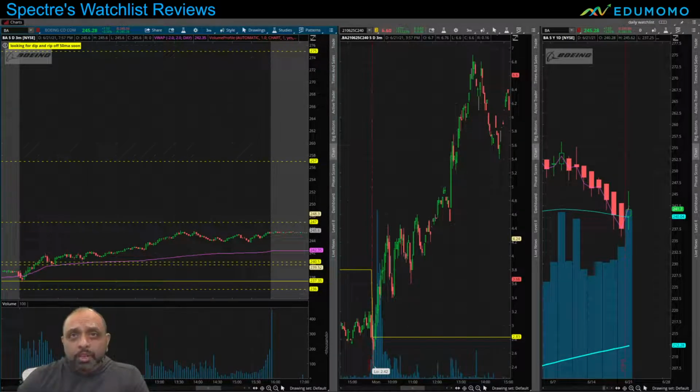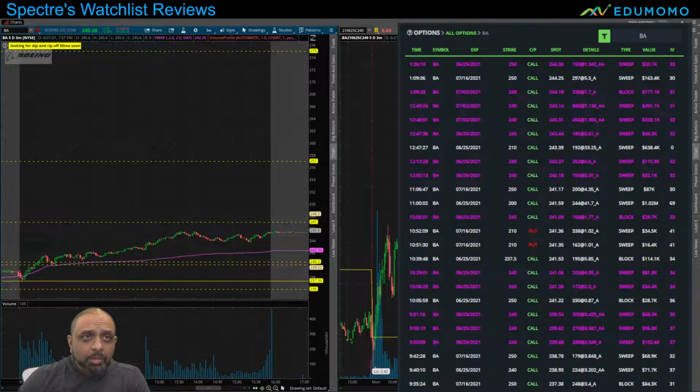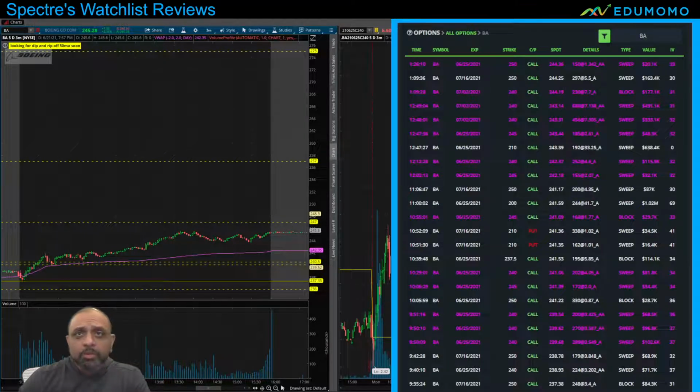If you take a look here on the chart, you could have got long at right around $3.20. And if you take a look at the black box option flow, you'll also see they were buying right around then.